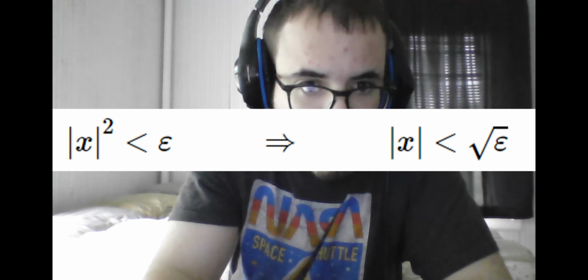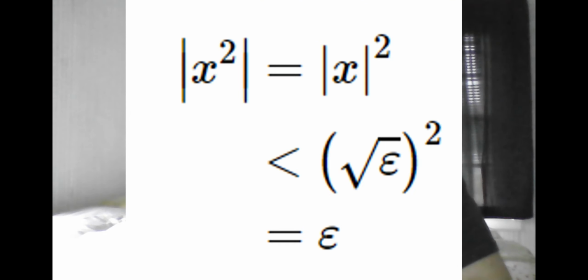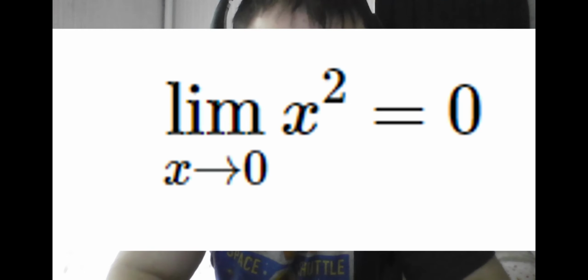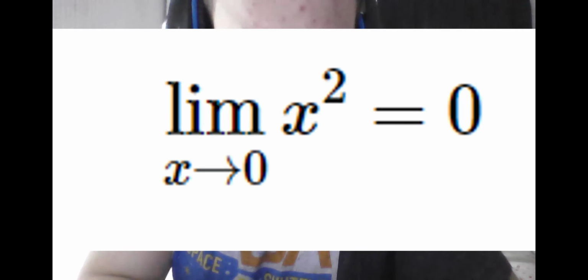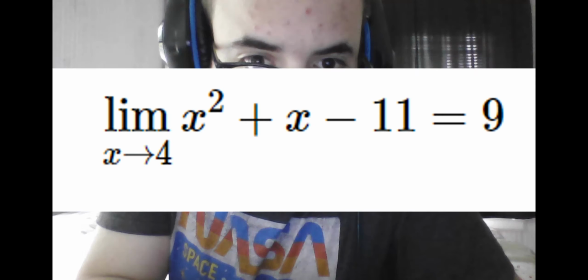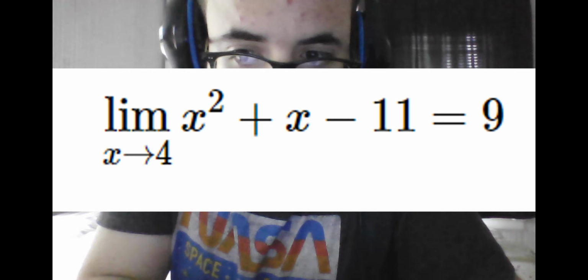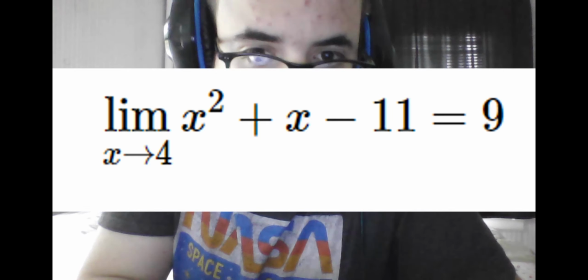We test if this guess is actually accurate by basically doing the reverse of what we just did, so squaring both sides, and seeing that x squared must be less than epsilon, what we saw as the first part of our definition. So we've just proven by the literal definition of the limit that the limit as x approaches 0 of x squared must be 0. If instead we are given the limit as x approaches 4 of x squared plus x minus 11 equals 9, we would plug in this function for f(x).